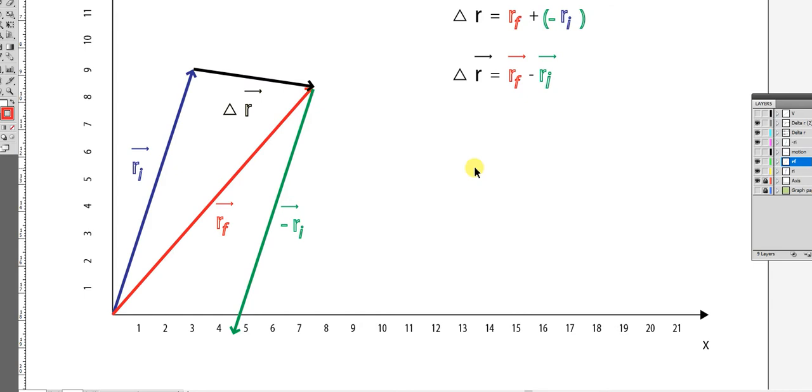Clear? Any question? Because when I do delta V, I will not repeat this, because delta V is exactly V final minus V initial.